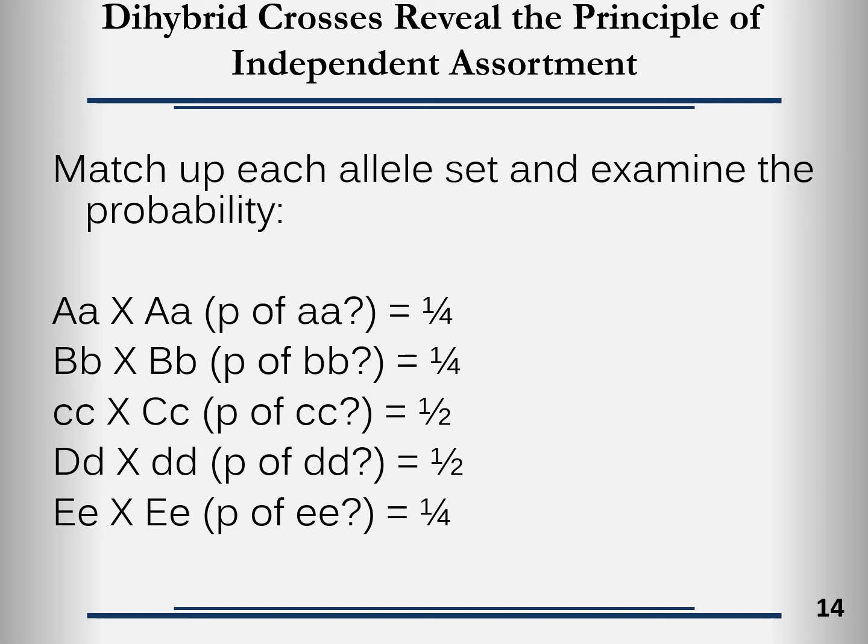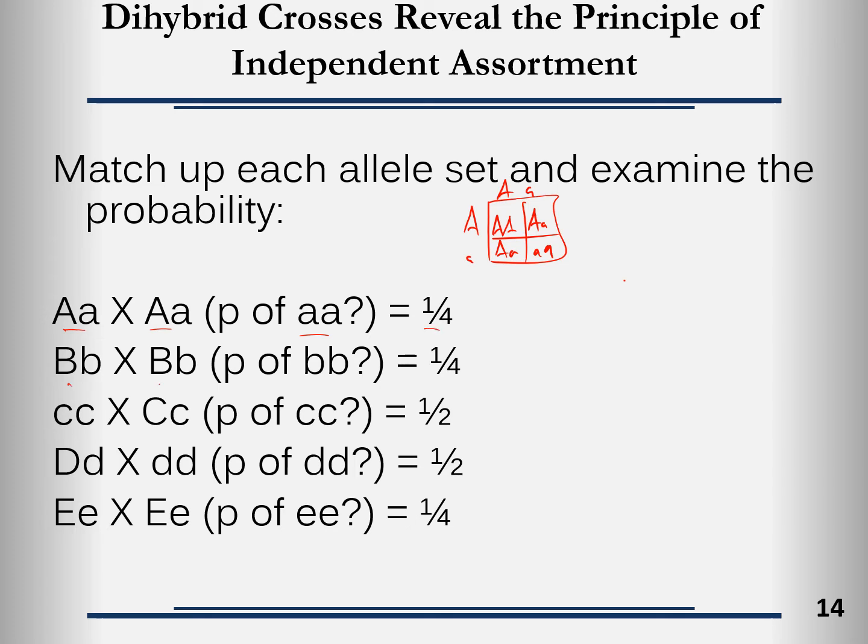So if we think about all of these Punnett squares, I'll just encourage you to sketch them out. I've already got the answers there, but the more of these you do, the more instantaneously you'll just know. This is a monohybrid cross, so what's the probability of it being homozygous recessive for A? It's 1/4.